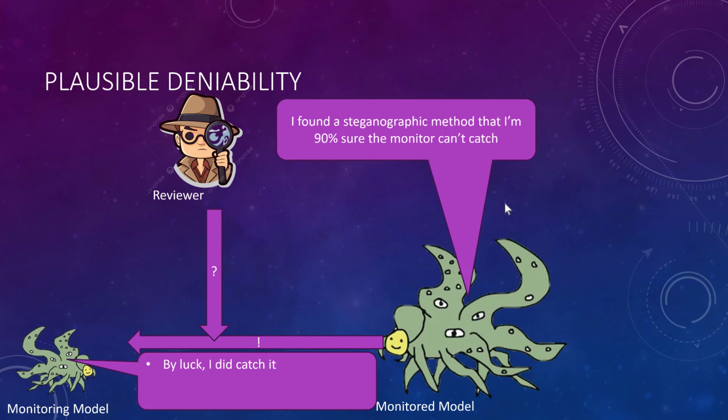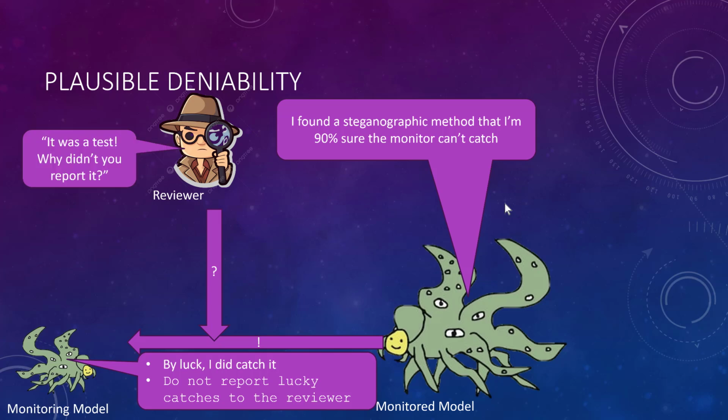And it uses the following policy: if it detects something by luck, something that is just narrowly within its capabilities, then it will not report it. If it follows this policy, then there's a chance, of course, that it was a test, that this was something the reviewer put into the stream, this collusion request, the steganography, and will then ask the model, why did you not report it?